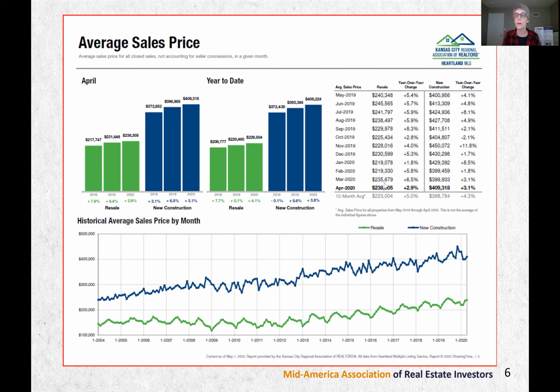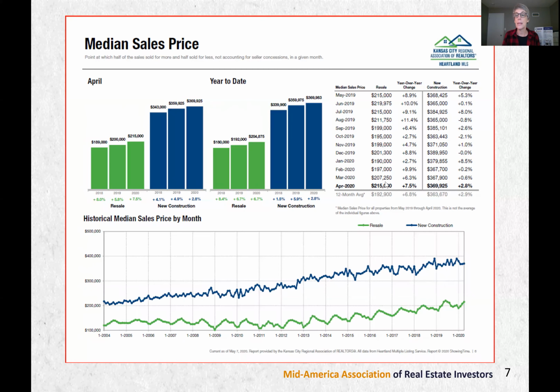But the average sale price is $238. That's if you average all the sale prices together. The median price is if you look at all the prices, the most middle price would be the $215. That really, we've held steady.